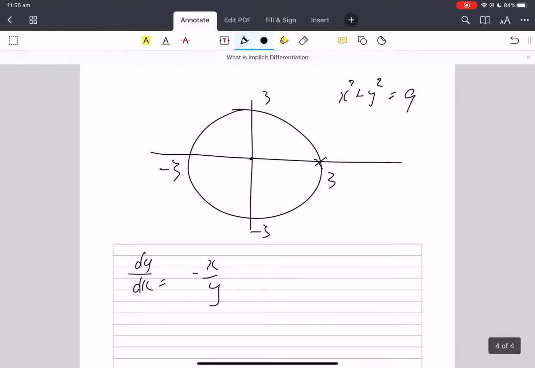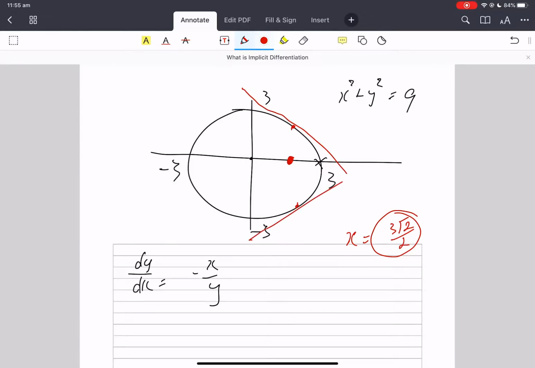That even makes sense because if I say, let's just pick a point here. I'm going to pick an x value of 3 root 2 on 2. If I just have one x value, how can I find a gradient? Because I don't know whether it's that gradient or whether it's that gradient.